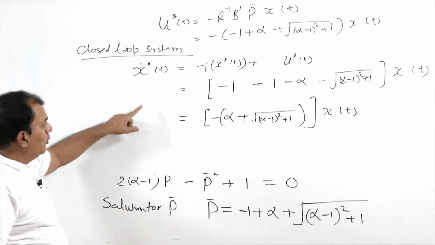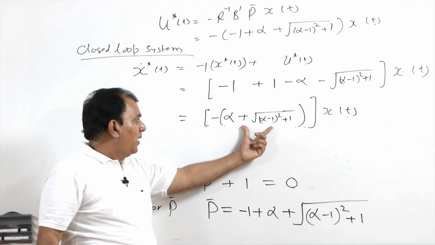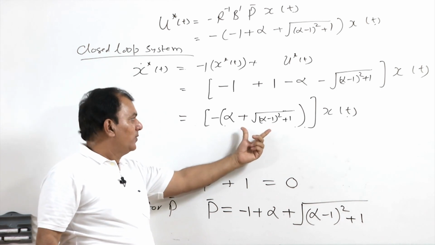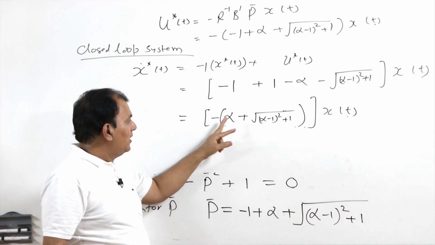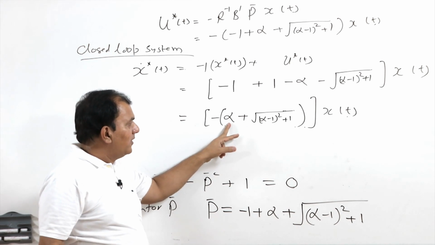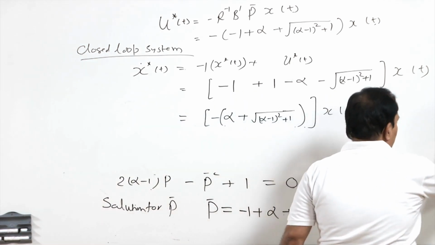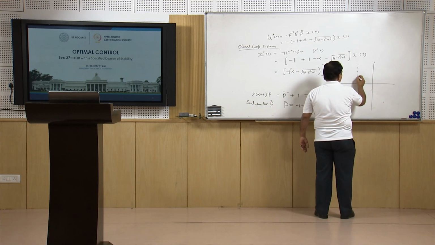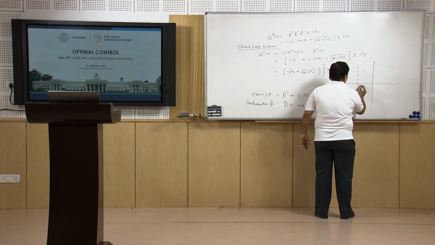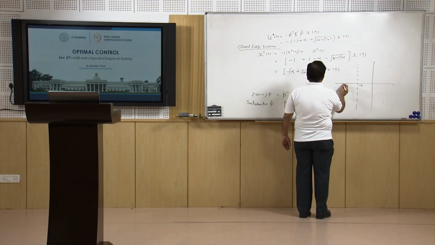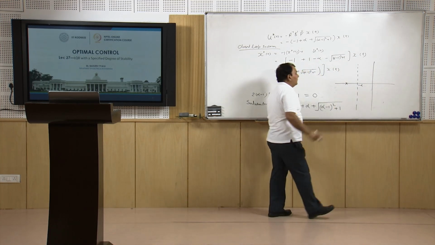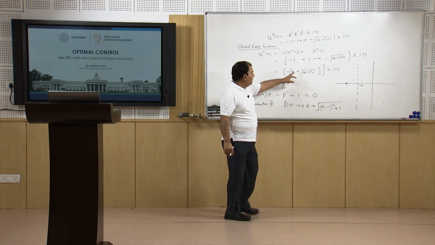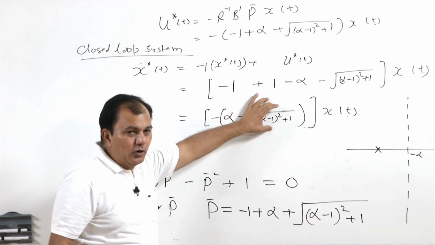So, for closed loop system this is giving me the roots or the eigenvalue of my system, and this eigenvalue I can see is away from the minus alpha line. So, if I will consider this as my minus alpha, so naturally my eigenvalue will be located somewhere here, because this is minus alpha minus one more term is added.